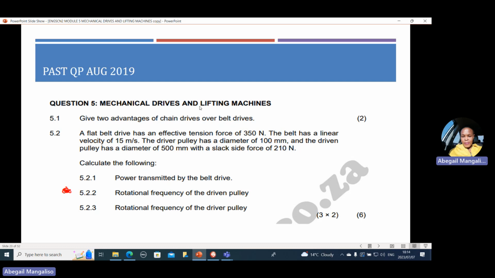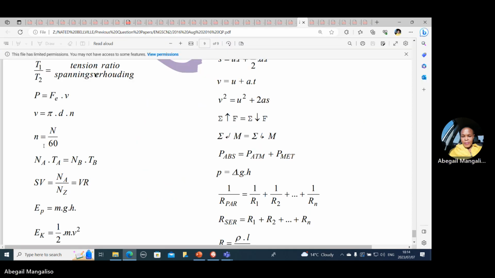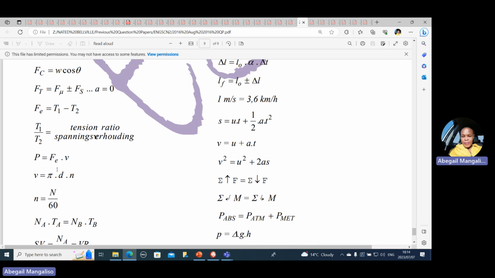First question says, calculate the power transmitted by the belt drive. So as I have mentioned, the belt drives are straightforward. Formulas of the belt drives all will be given. Fe, which is the effective pull, effective tension, is T1 minus T2. A tension ratio is T1 over T2.